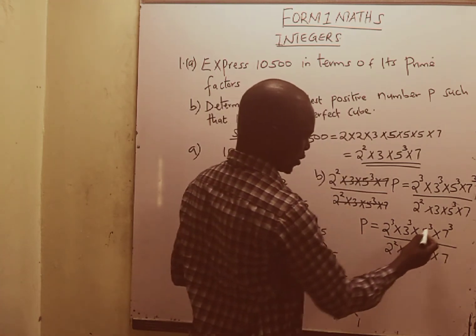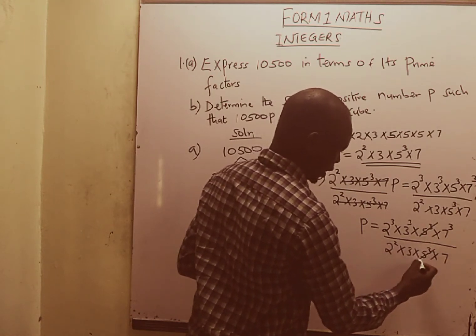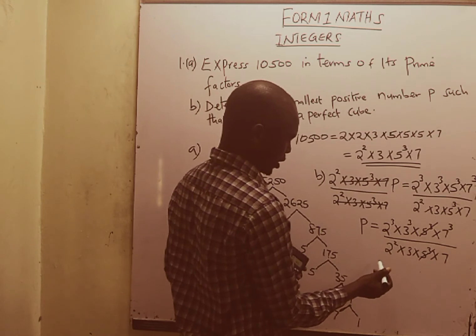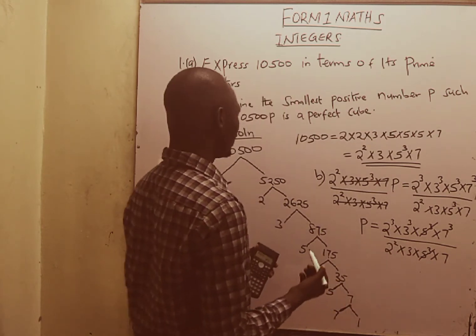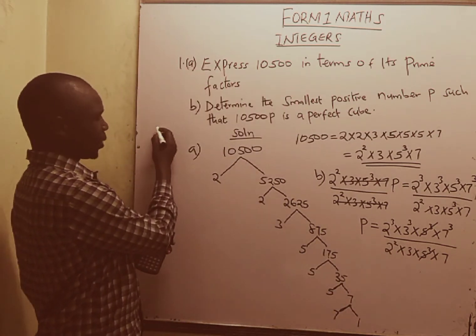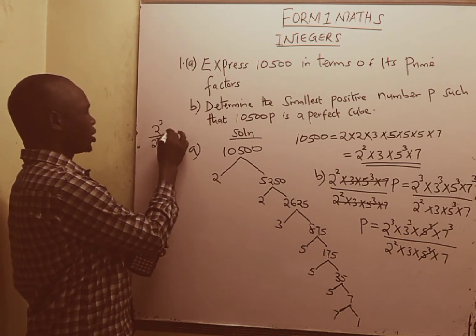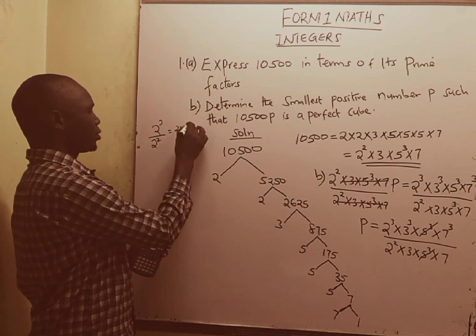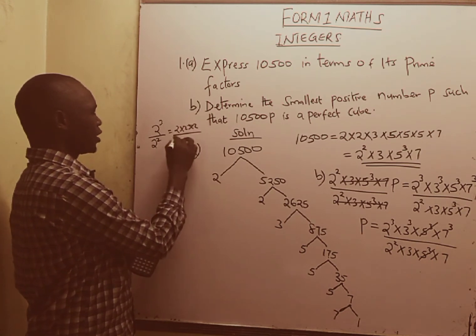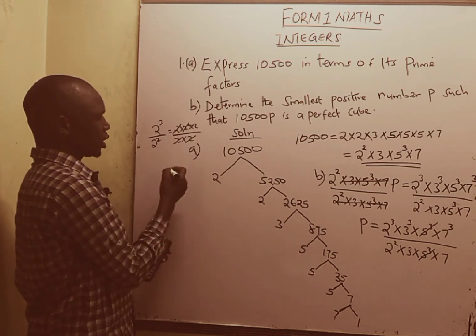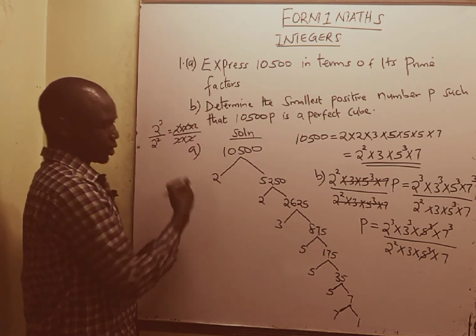In this case, 5 cubed and 5 cubed will cancel. Here we have 2 power 3 divided by 2 power 2, which is the same as 2 times 2 times 2 divided by 2 times 2. These cancel, so that we remain with 2.